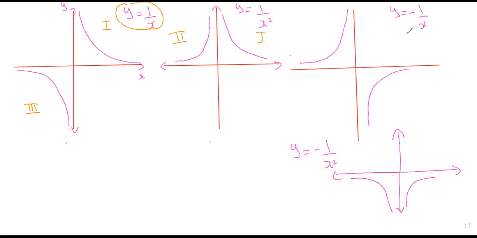For this one, it would be in the second and in the fourth one. And then the third one and the fourth one, right? The shape is same, but the quadrants are being changed, right? So you have to remember these shapes, okay?